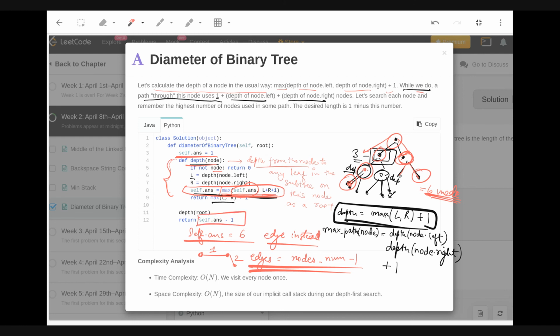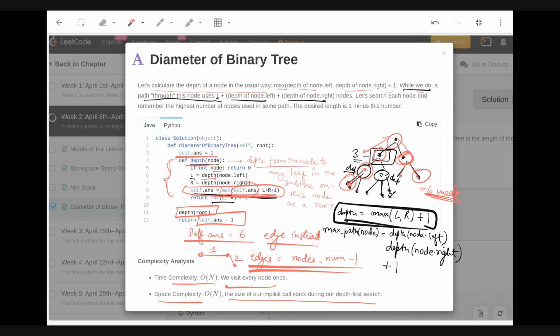Now let's look at the time complexity here. We visit every node once. That is true because we run depth from the root and then walk the tree one node at a time. Space complexity is order n, the size of the implicit call stack during a depth first search.